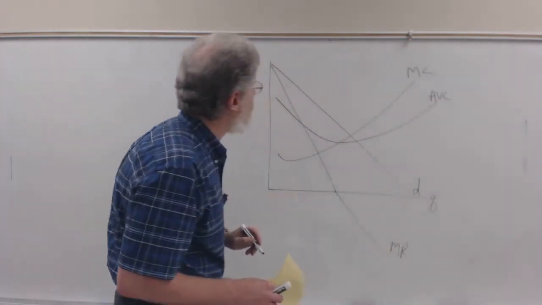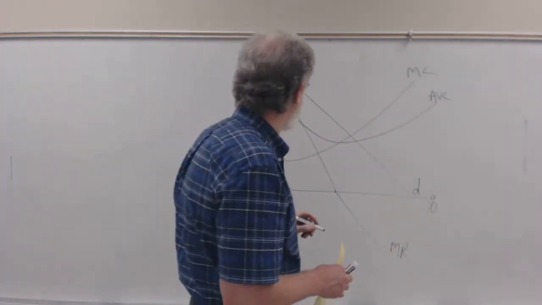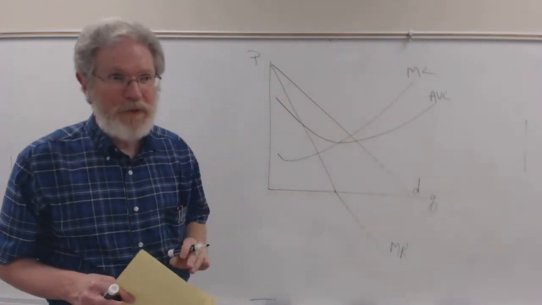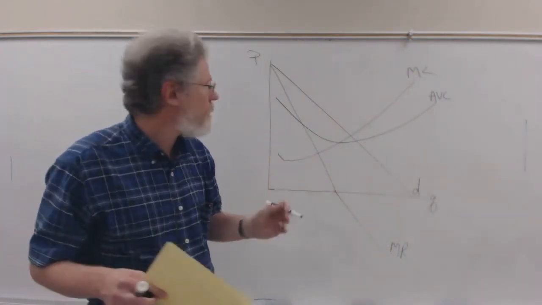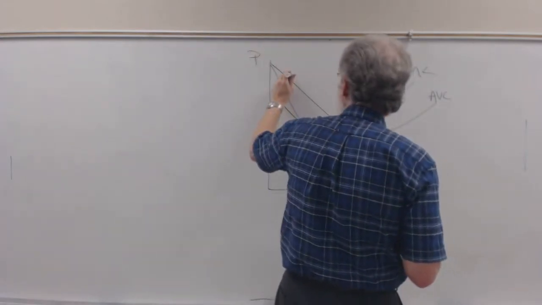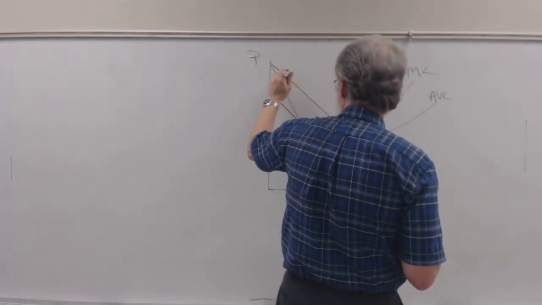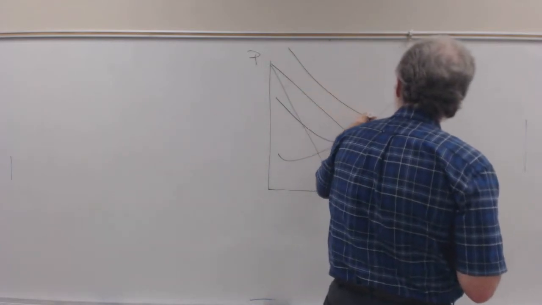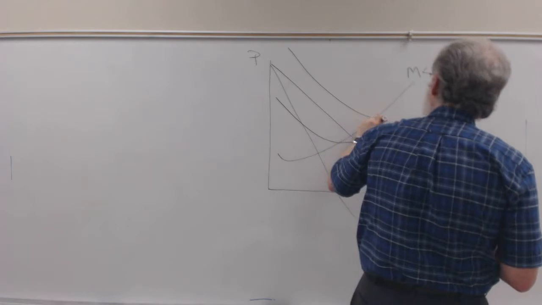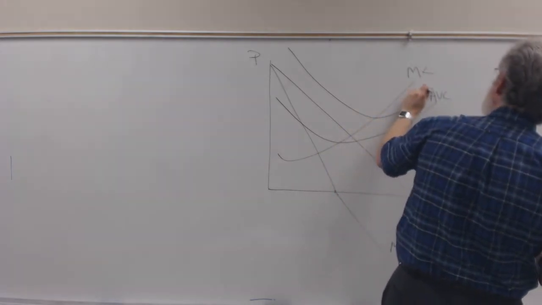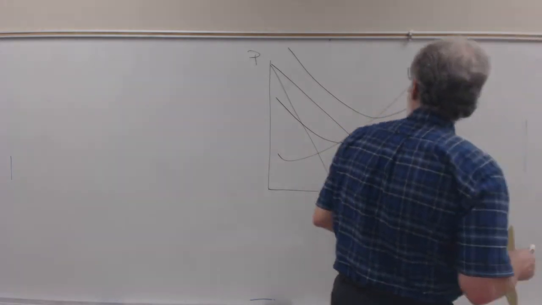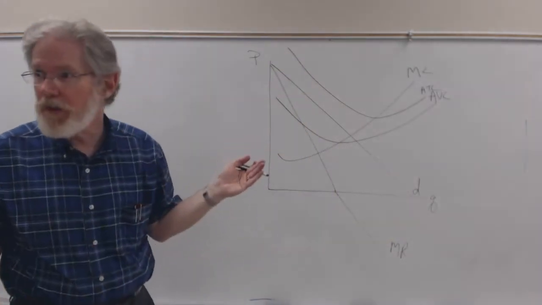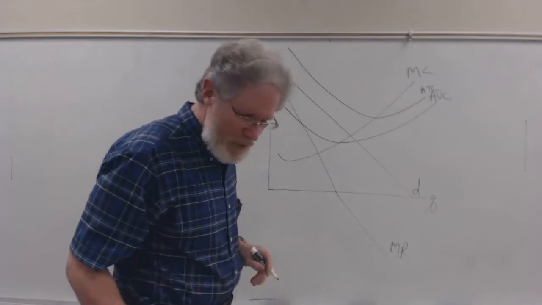And every firm is going to have an average total cost curve as well, and exactly where that's going to be will vary from firm to firm. I'm going to draw this in such a way that ATC looks something like this. It's above the other curves. That wouldn't always be the case, but here it is.